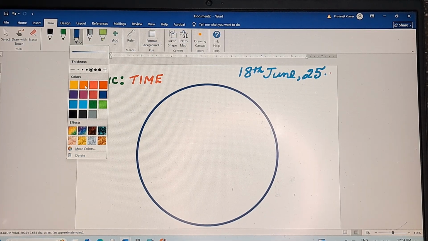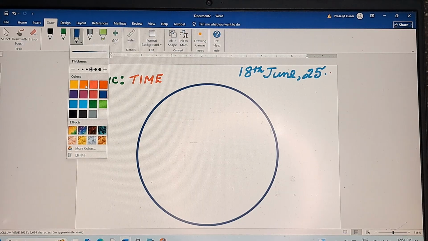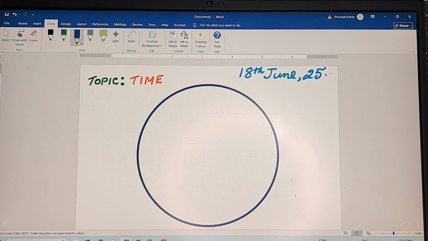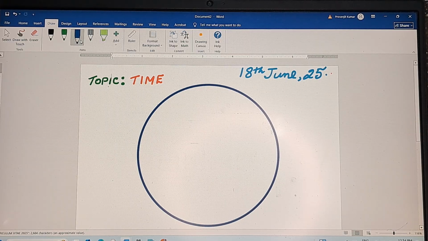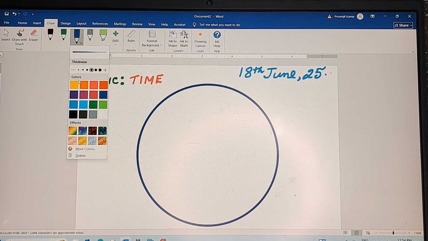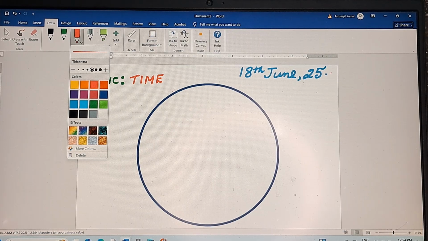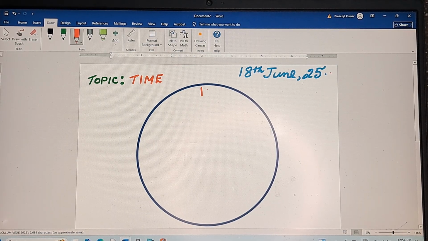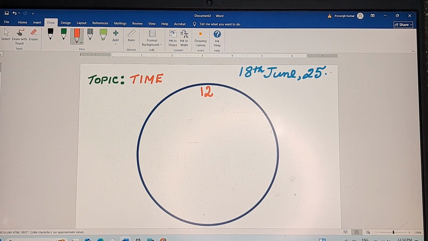Now students, when we mark the timing on the clock, we need to be very careful so that there is uniformity when we are marking the numbers on the clock. We will start from 12 on the top. Opposite of 12 will be 6.